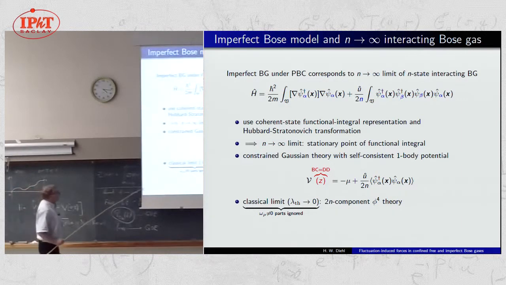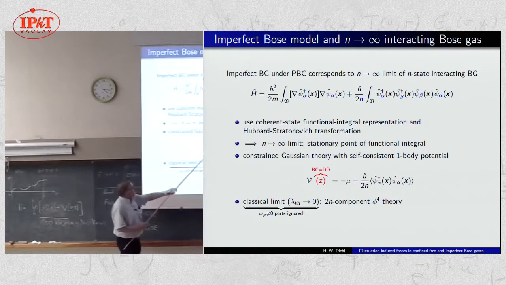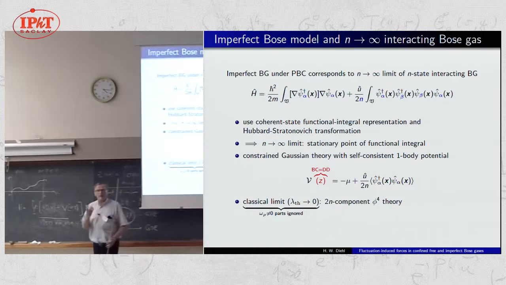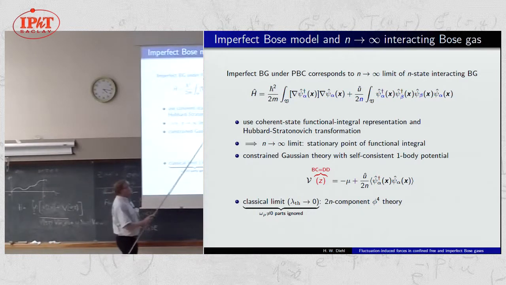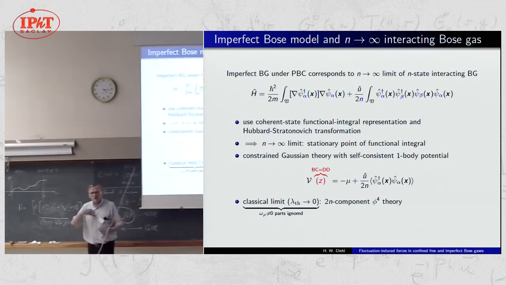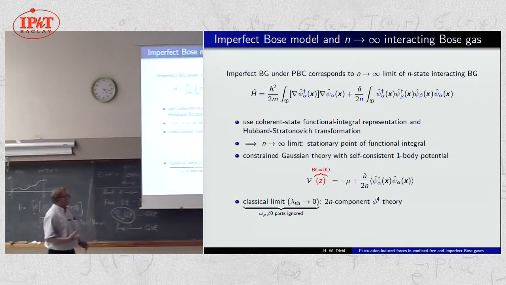And what you get is a self-consistent equation with a potential of this form, and this potential is independent of z if you have periodic boundary conditions. So that makes life a little bit easier, but what is very hard is if you have free boundary conditions like Dirichlet boundary conditions, because then this is z-dependent and you typically get self-consistent Schrödinger equations.